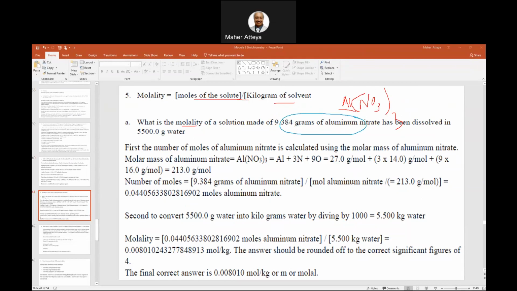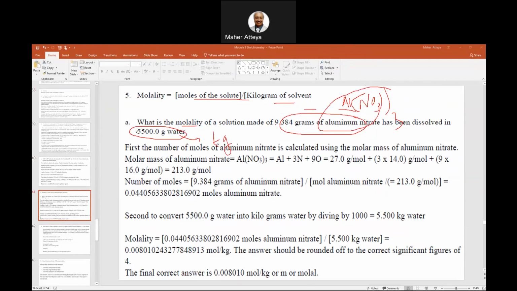The aluminum nitrate is the solute, and the solvent is H2O, in grams. So I have to transfer this into kilograms. And this one here, I have to transfer into moles, so I have to know the molar mass of this compound.